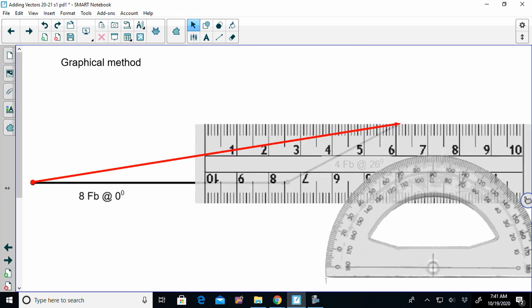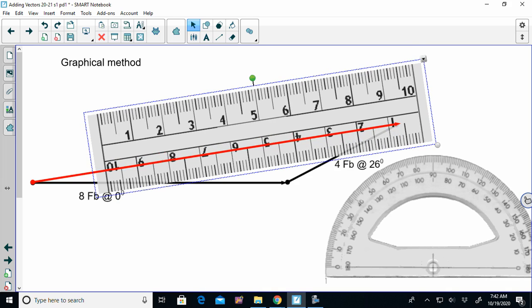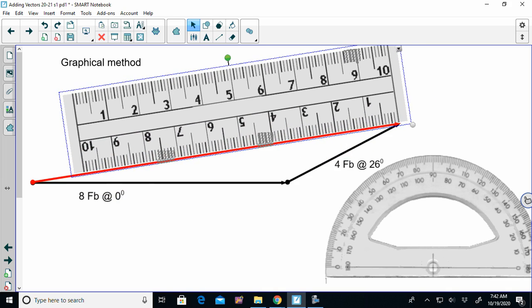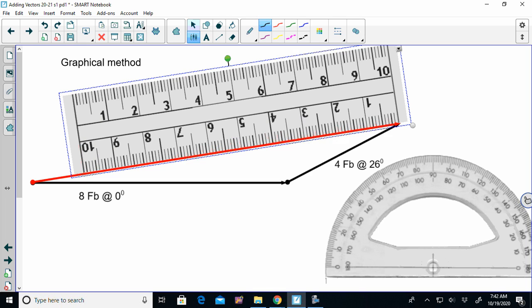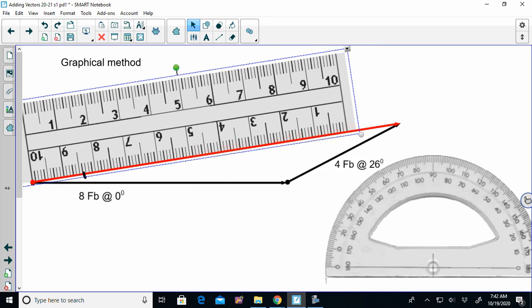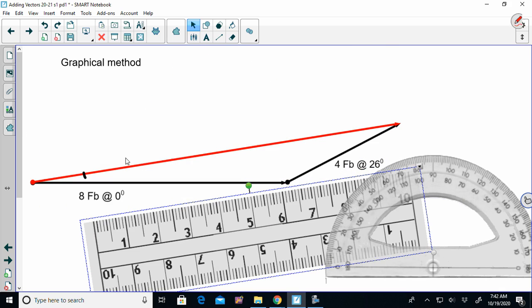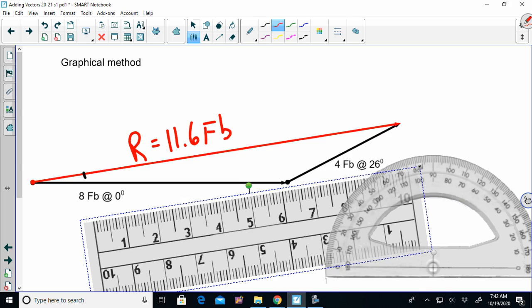So I pull up my ruler, which isn't quite long enough, so let me make a little mark here. That's 10. And how much more do I have? 11.6. So my resultant vector, when I measured it, was 11.6 units.